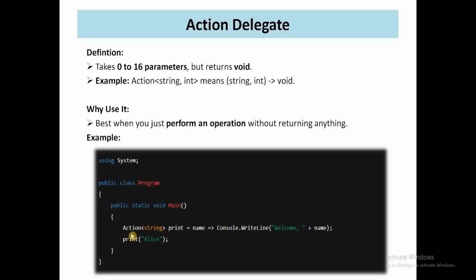Here we have the Action delegate declaration, that is Action, and these are the parameters, the variable name for that and parameter name, and here we are printing directly through the message. Here we are calling this delegate, that is print delegate, and we are providing some parameters.